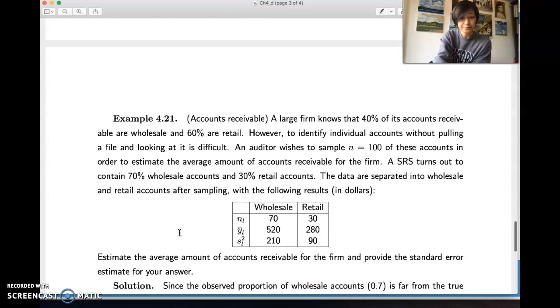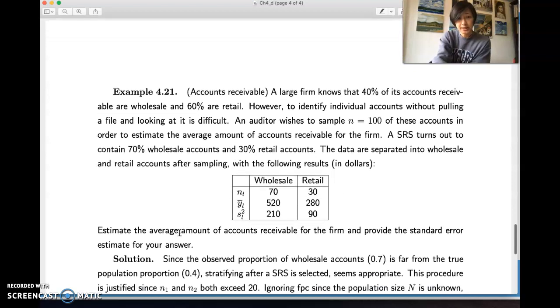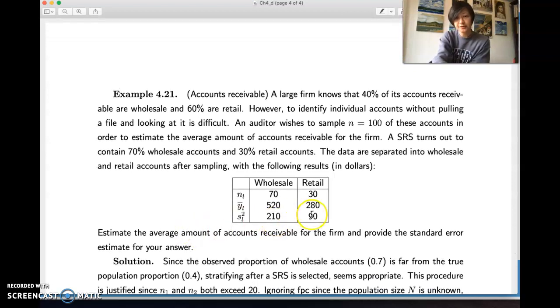All right. Another example, we look at a large firm where we know that 40% of the accounts receivable are wholesale, 60% are retail. So this is the population proportion from the entire population for the wholesale and retail.